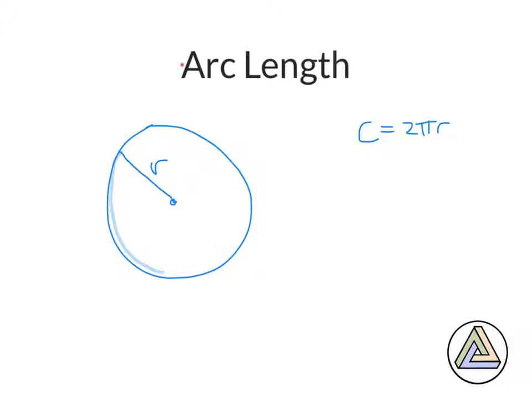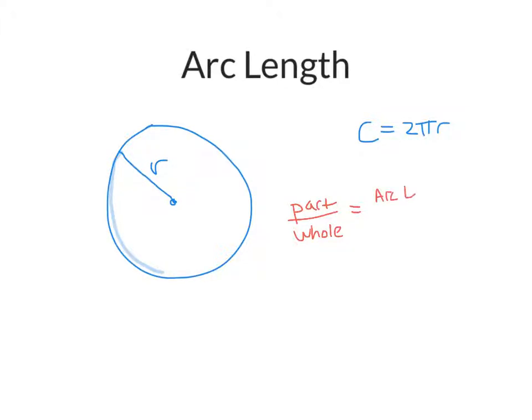Now, arc length is really, really easy once you understand the logic behind the arc length formula. This is the arc length formula that at least I would propose, and it's based on this idea of the part over the whole. So what I mean by that is, the arc length is a part of what whole?